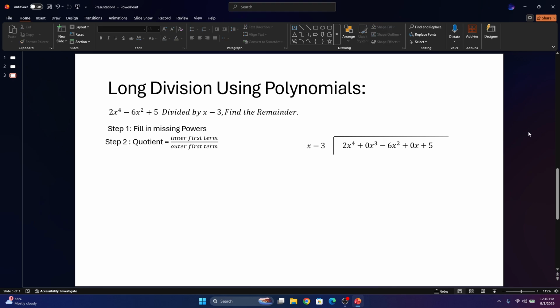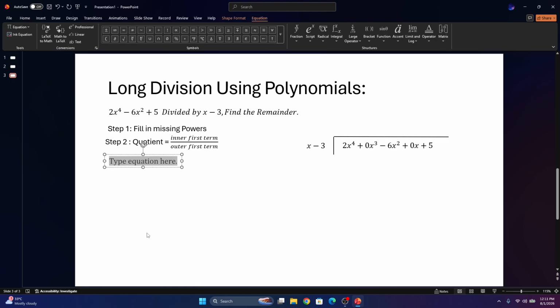Basically, after adding every quotient, we're just going to find the next quotient using this method again, because the inner first term is constantly going to keep changing. So basically, we can find it by just writing this expression.